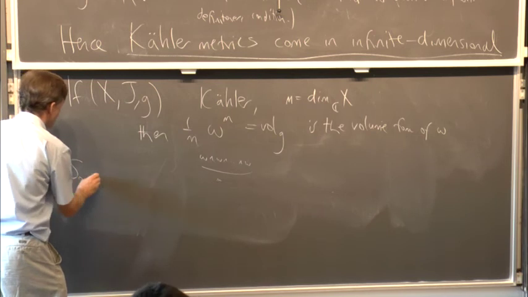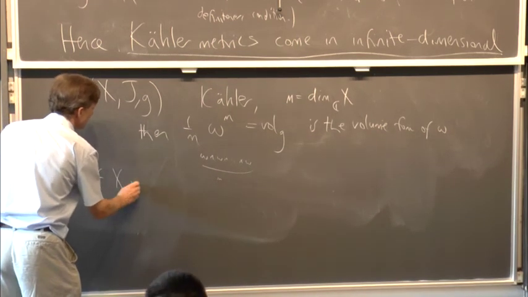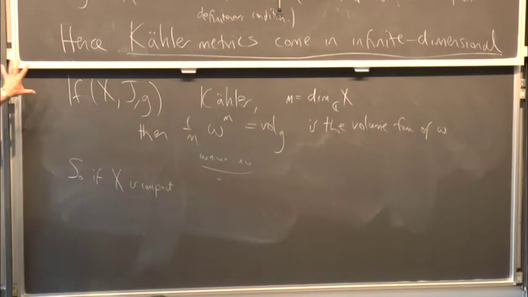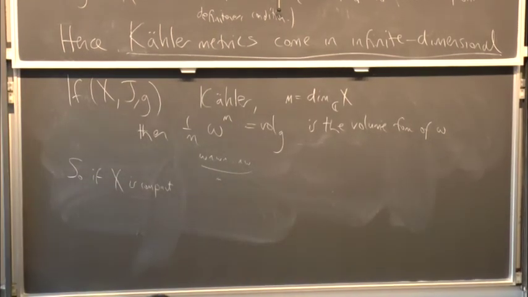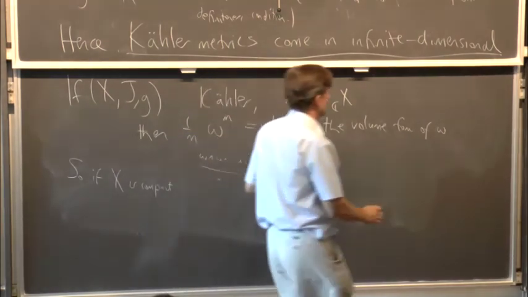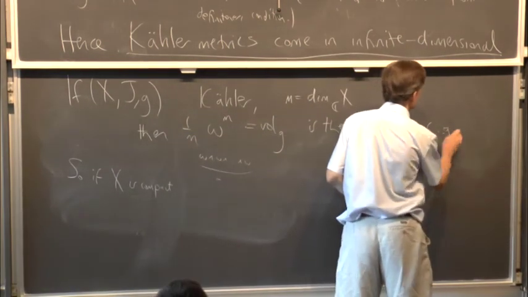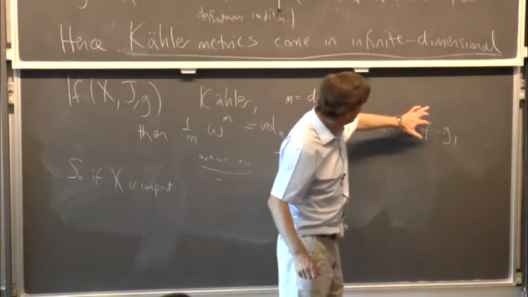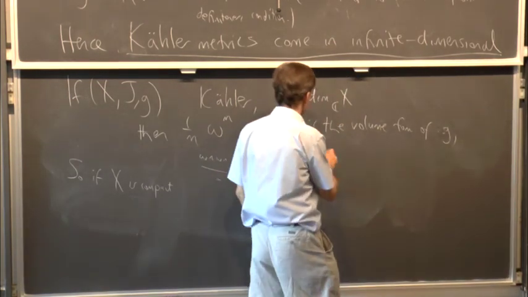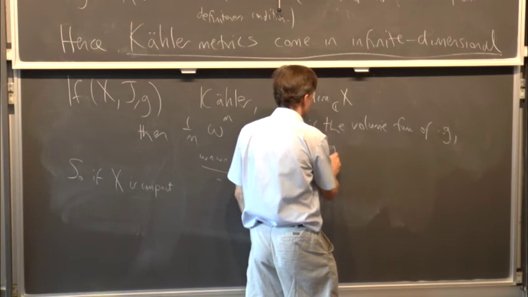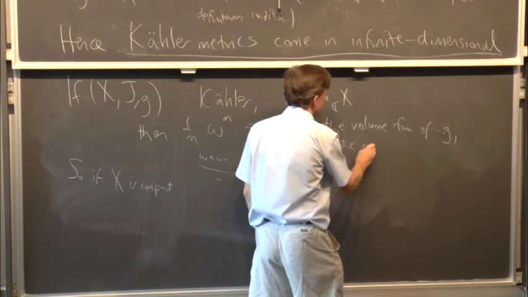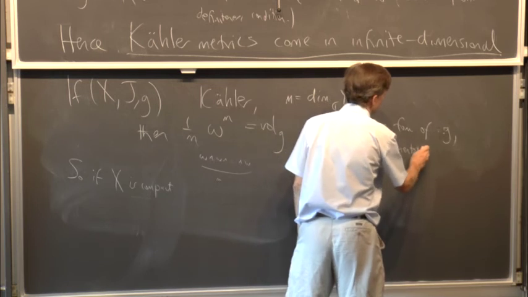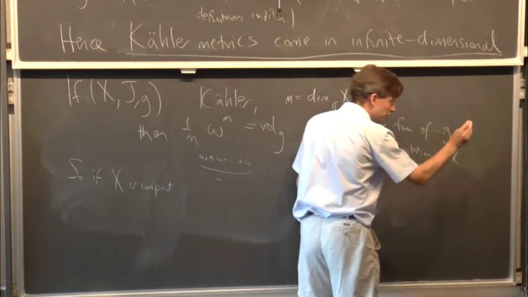So if X is compact, the volume form of g, so you get a volume form from the metric and the natural orientation on X induced by the complex structure.